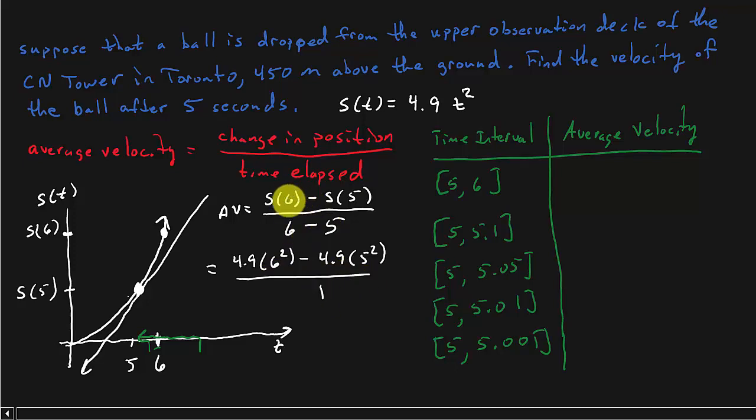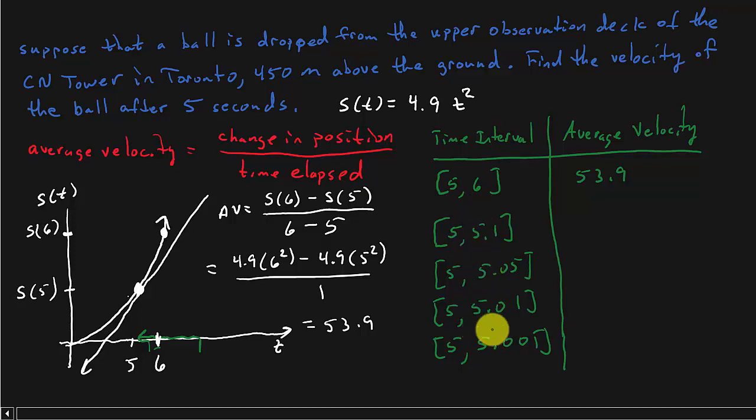Now all I did, S of 6 and S of 5, I plugged the 6 in for t, I plugged the 5 in for t. Okay, and then after you calculate that, you would end up with 53.9. Okay, so this would give me 53.9.